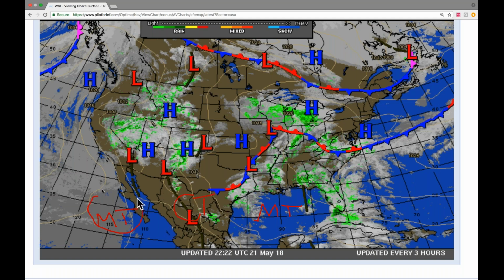What will happen is this will move into here, this will move into here, and then the continental tropical. Remember that it's bringing that warm, dry air from Mexico here.